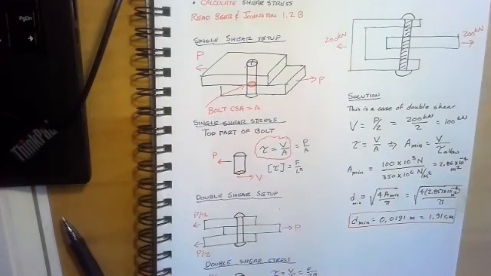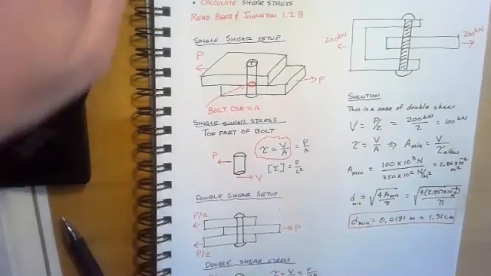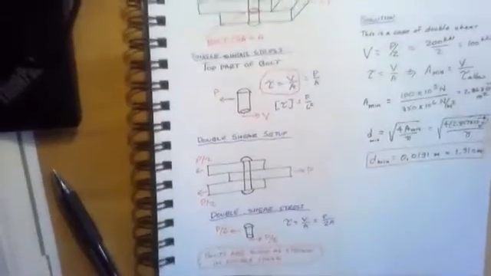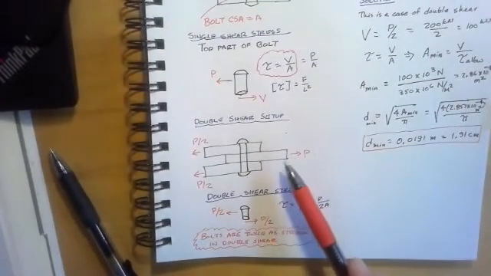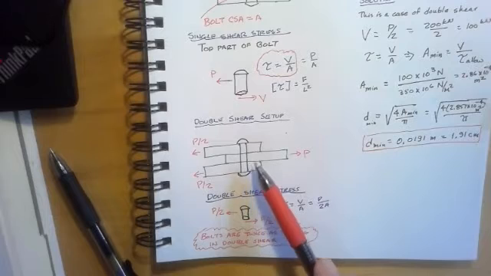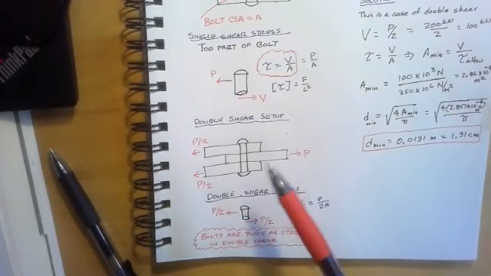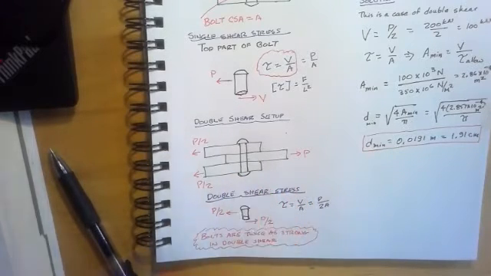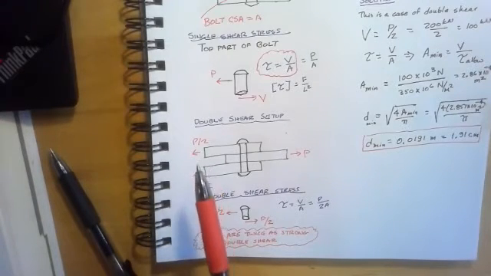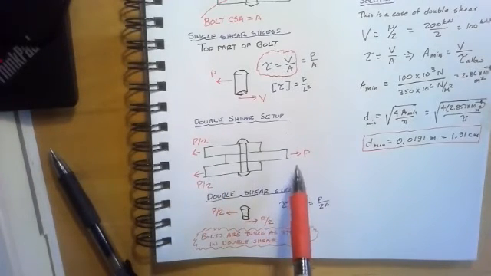Now, we also have connections in machinery and in building structures quite often that look like this, where we might have a gusset plate sandwich, and our member is in the middle of the gusset plate sandwich. And in this connection, we'd have something called double shear.